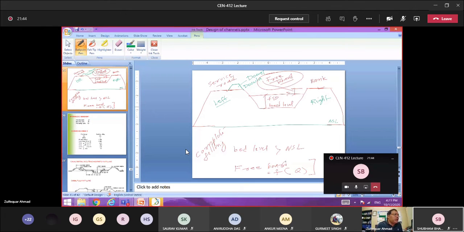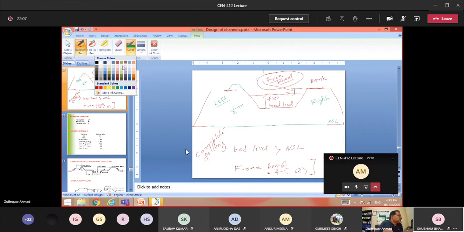And in general, this dowla has a height of 0.5 meter, right? Top width of this one is also 0.5 meter.